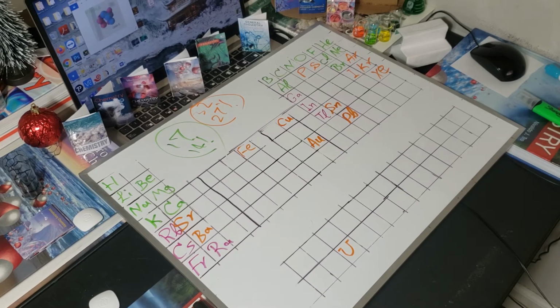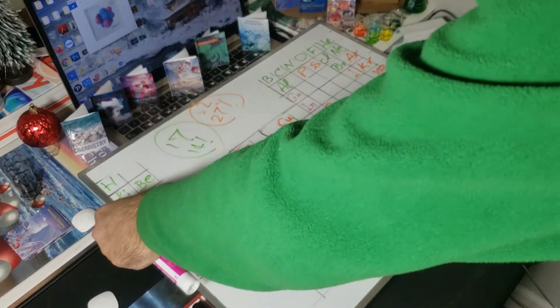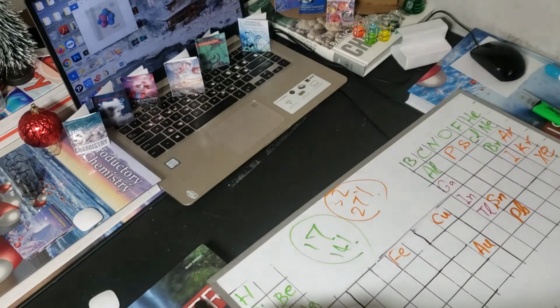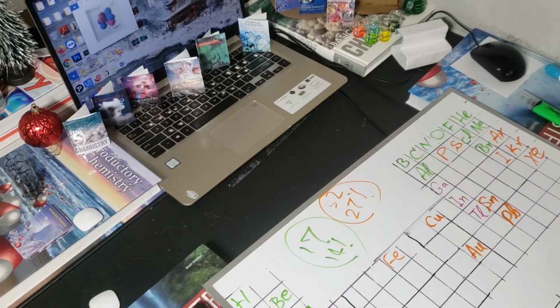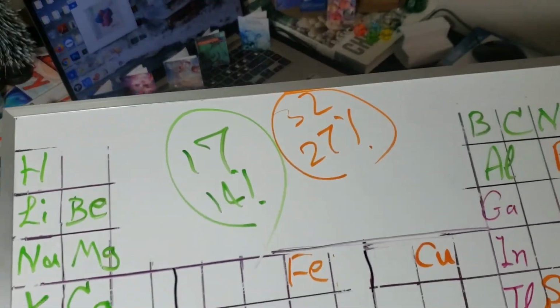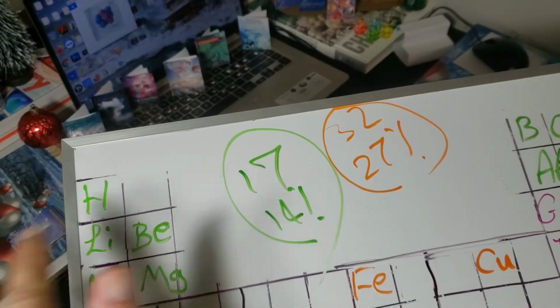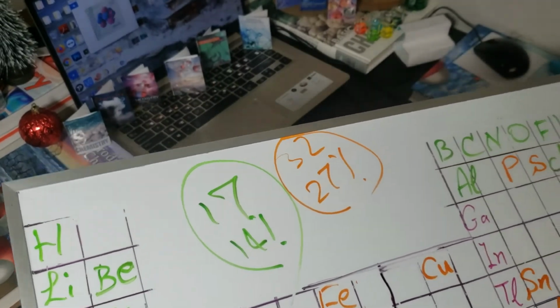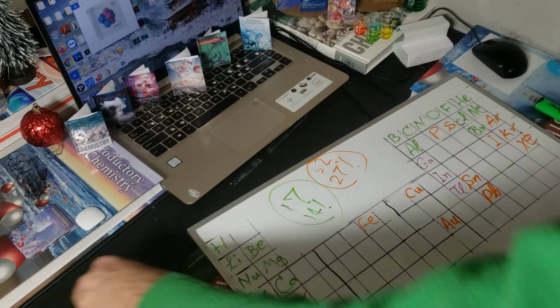Oh, and I have done one bad thing here. Let me just see if I could fix it real quick. Because see, here, the beryllium, where I start beryllium, I have to start boron from there. Okay, let me just fix that real quick.